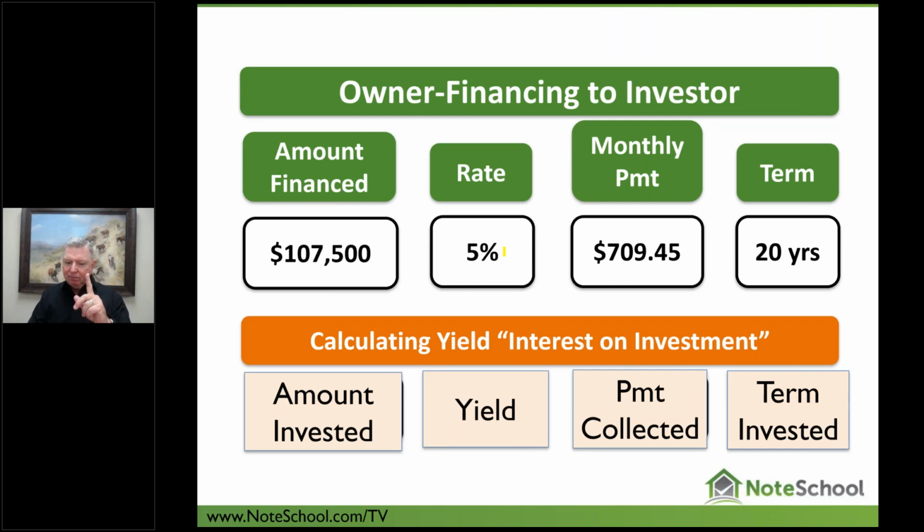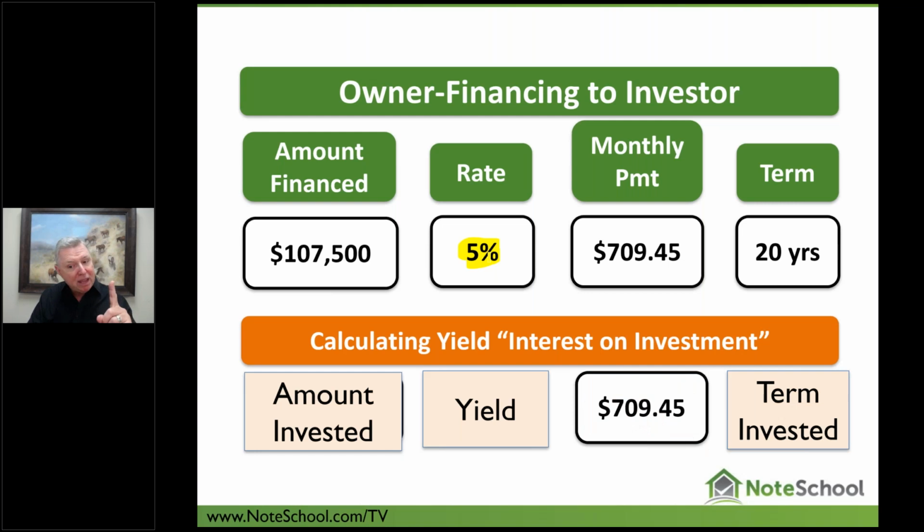Now, what if we buy the note at a discount? What if we want a higher yield than the note rate? What if I want to buy this note and I say, Eddie, I don't want to earn 5%, I want to earn 7%. What do I do? Well, I've got that payment for that term, right?